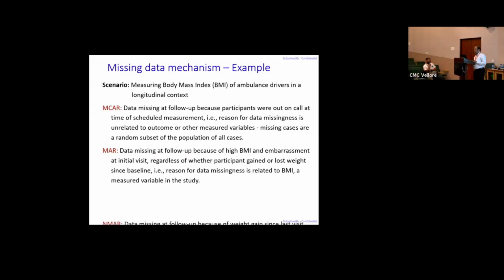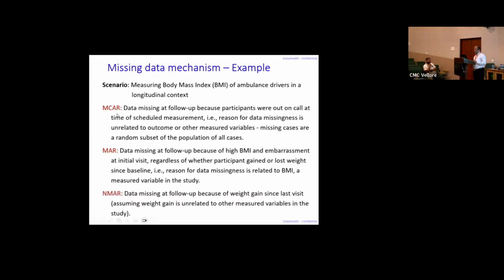And you said missing not at random. This is Kant, do you remember something like that? Missing at follow-up because of weight gain since the last visit. So this is missing not at random. He gained weight between the 2 follow-up periods and therefore did not want to come for the follow-up, again just because of embarrassment.